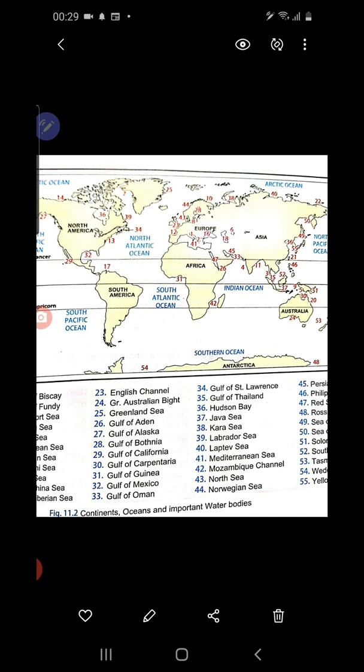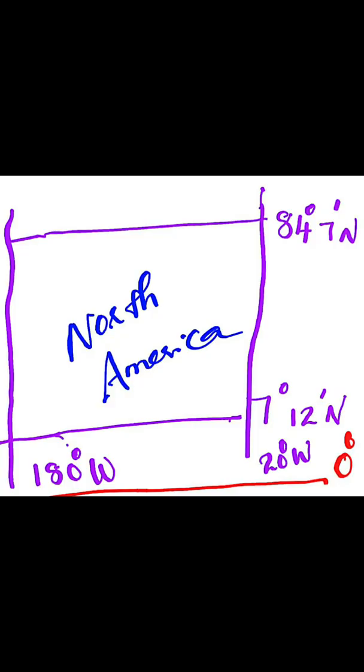Then Southern Ocean, then Arctic Ocean on the top. These are all the important oceans which are formed as a result of continental drift. Is that clear? So these are about all the important continents. Now we will focus on the study of North America.